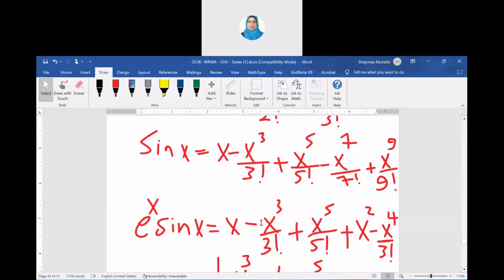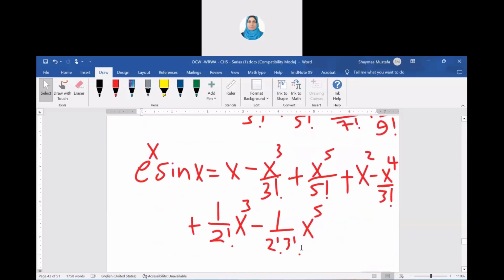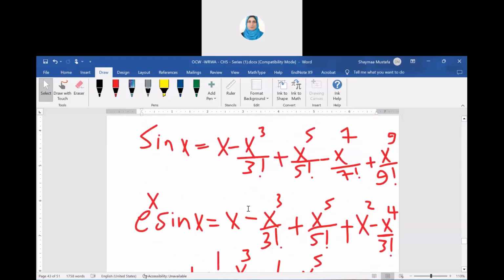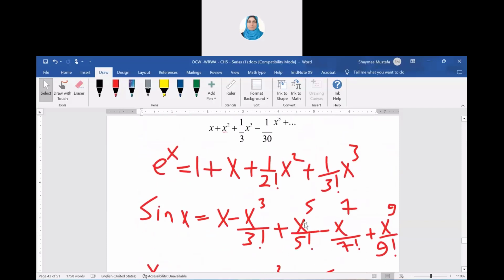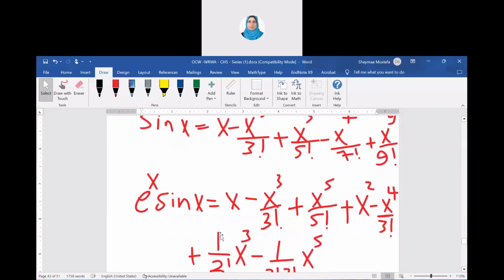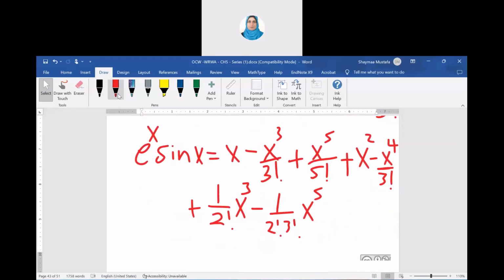Now x squared times x to the power 5 will give you x to the power 7, so no need. And finally, we can multiply 1 over 3 factorial x cubed by x. So you have 1 over 3 factorial x to the power 4.